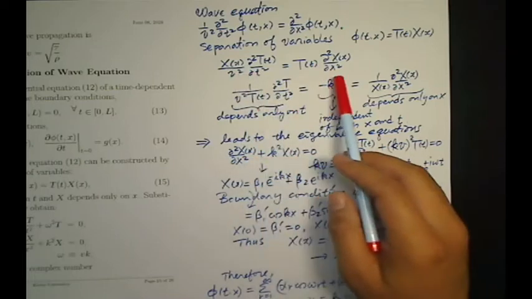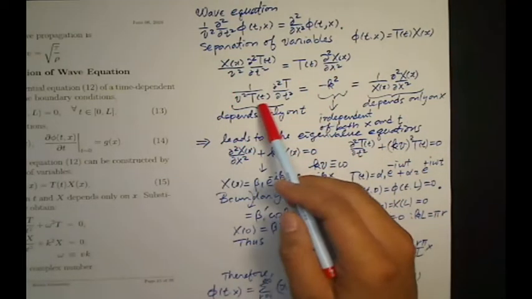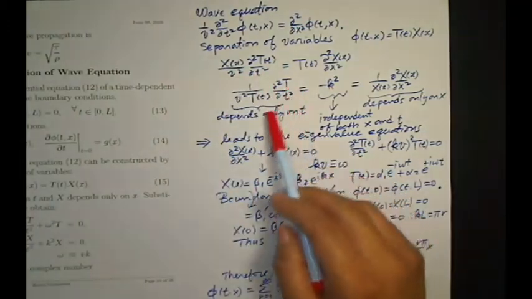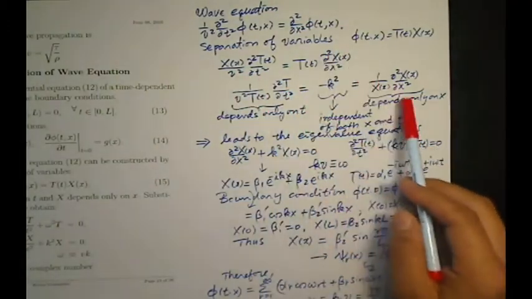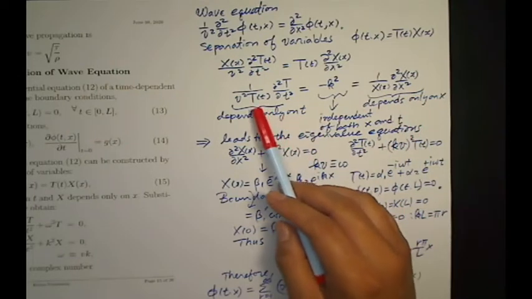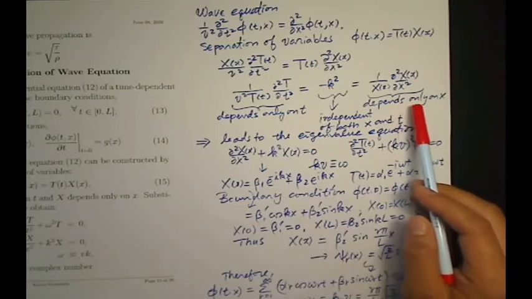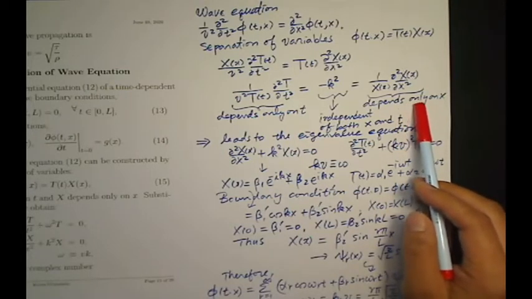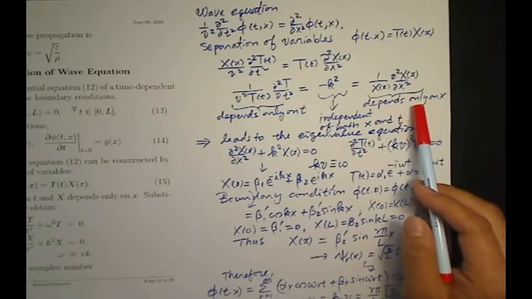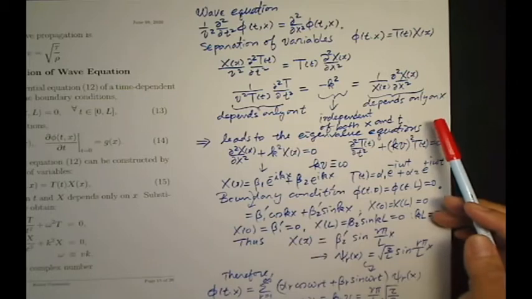If we divide both sides by X times T, then the left-hand side becomes a function of T only, and the right side becomes a function of X only. Because a function of T is equal to a function of X, the only possible solution is that both sides are independent of X and T.